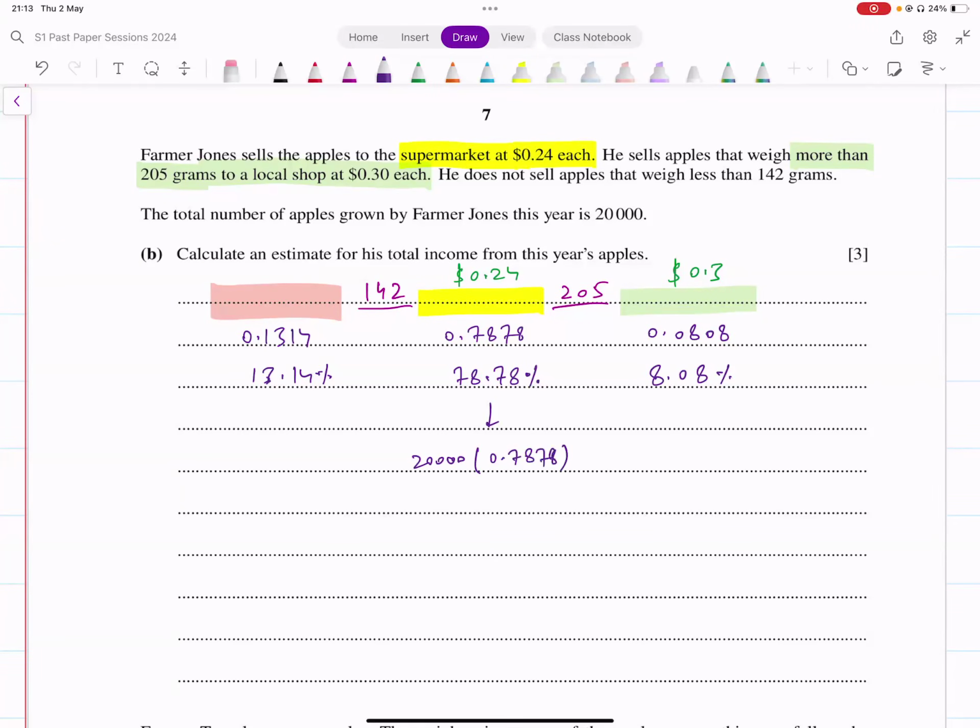How many apples is that? 0.7878 into 20,000 is 15756 apples. And then do the same thing for this. 0.0808 multiplied by 20,000. That is 1616 apples.